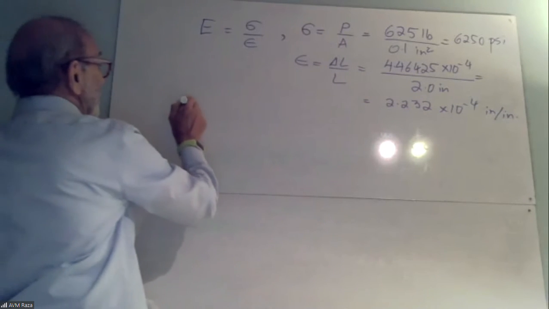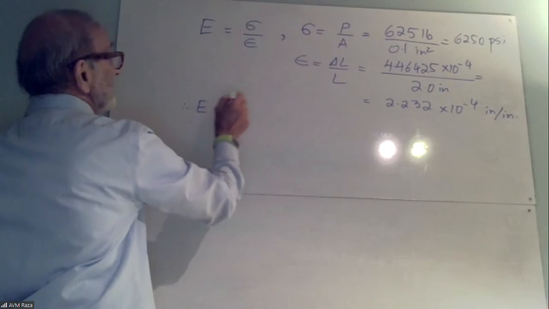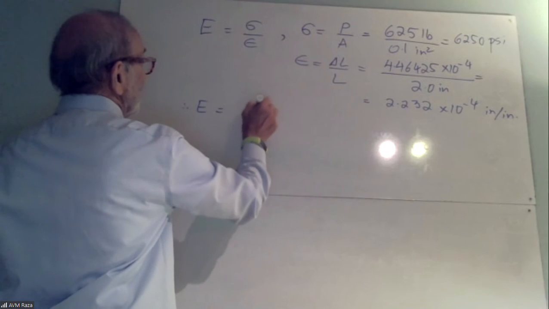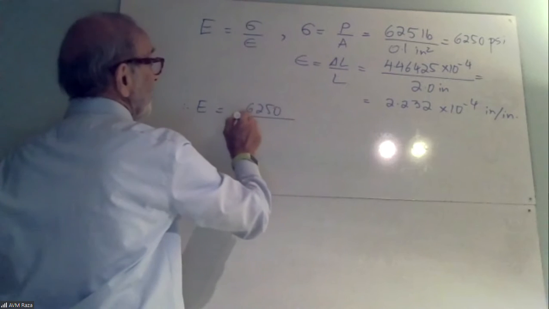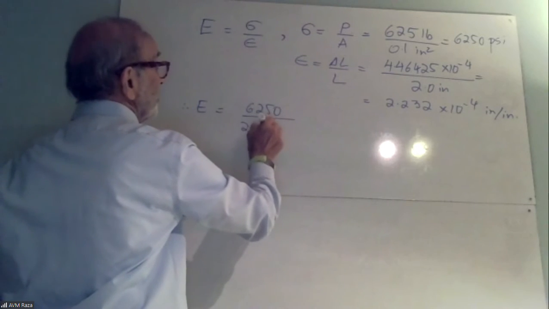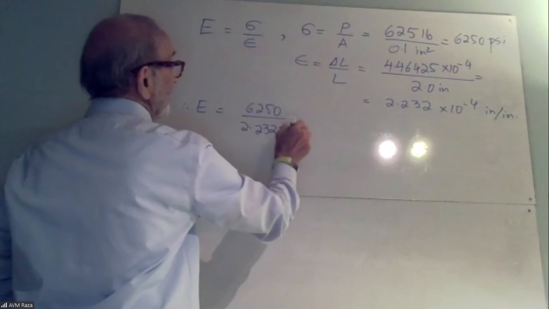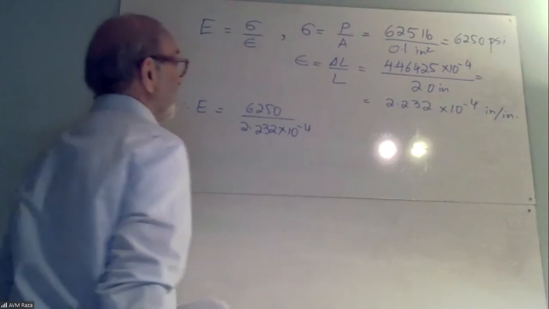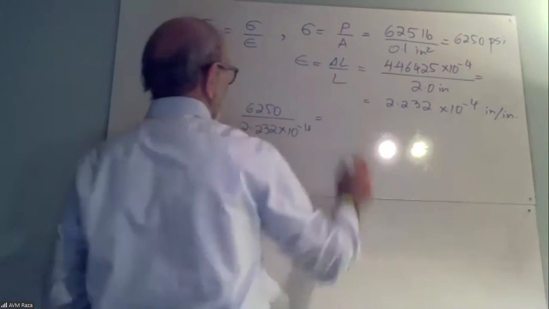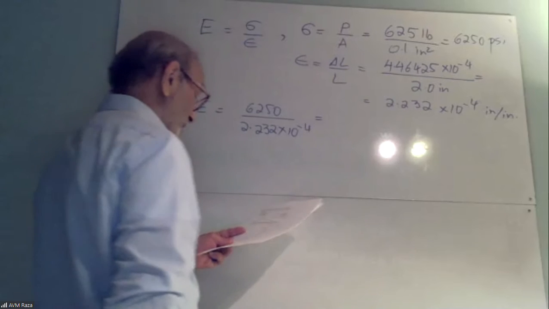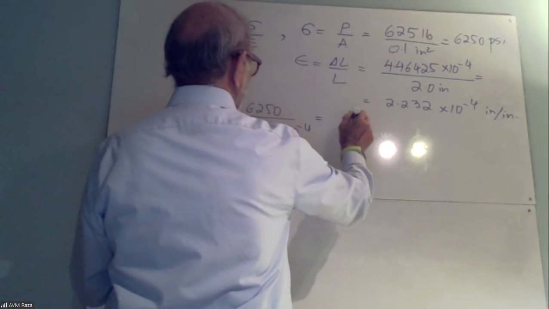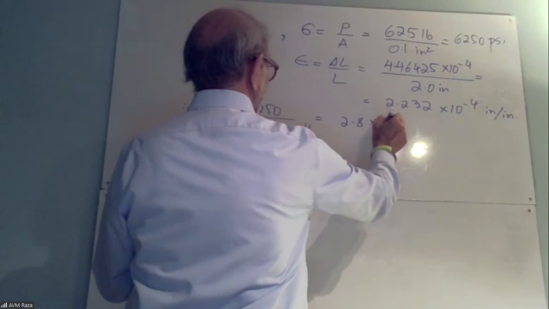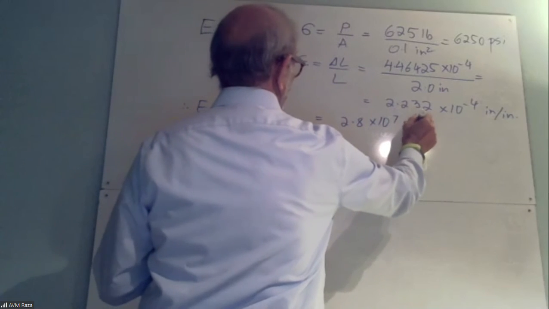So therefore E is equal to sigma over epsilon, 6250 psi divided by 2.232 times 10 to the minus 4, and this comes out to 2.8 times 10 to the 7 psi.